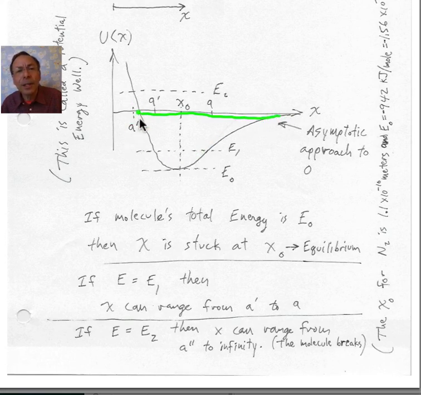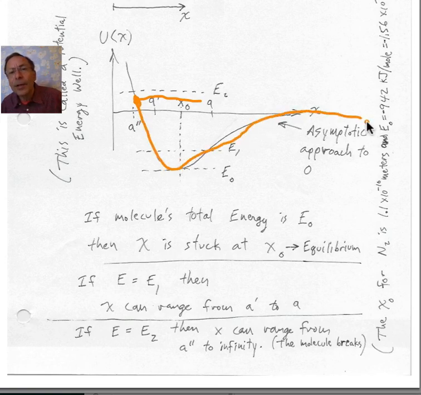If we give it a little more energy, then the molecules are going to start coming apart, and they're never going to come back together. You've put in so much energy that you've broken the molecule. In chemistry, we'd say you've dissociated the two atoms of the molecule.